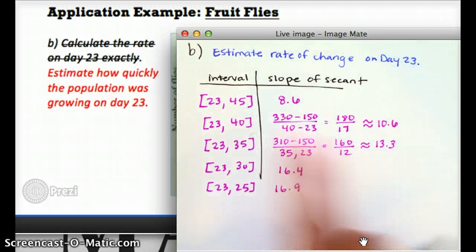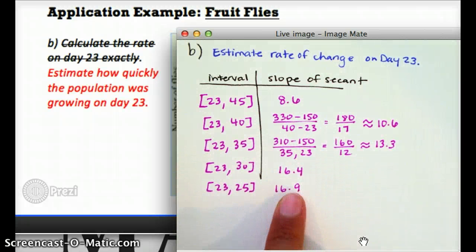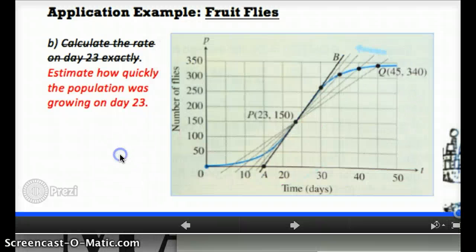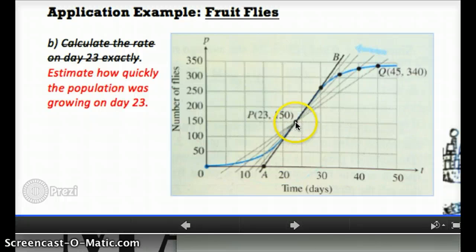Now, once you've done all these estimates, the actual answer here is supposed to be the slope right at that point. Well, think about what we've learned with limits. As these lines get closer and closer and closer to this point, what's happening to their slopes?